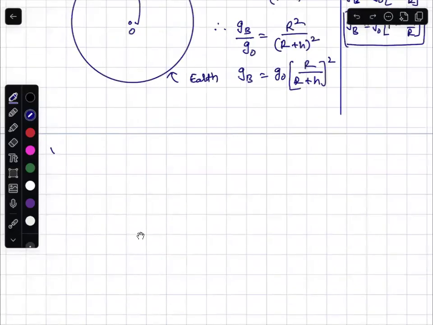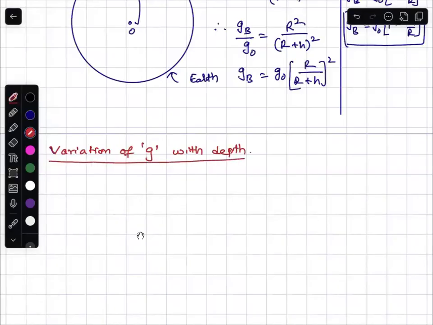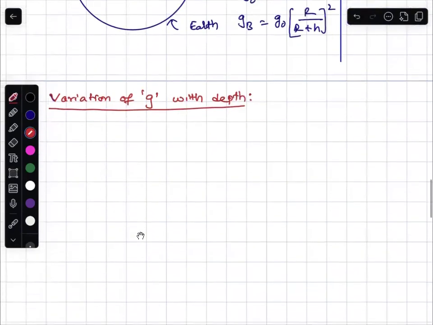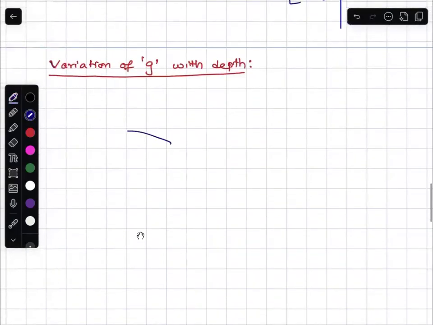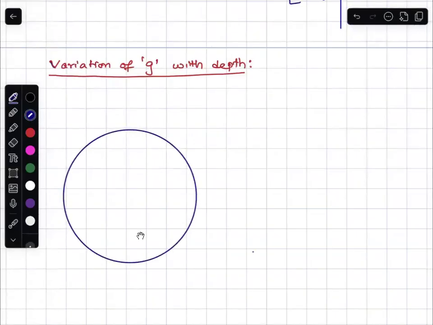Variation of g with depth. Right. See, please see that this is Earth. Right.